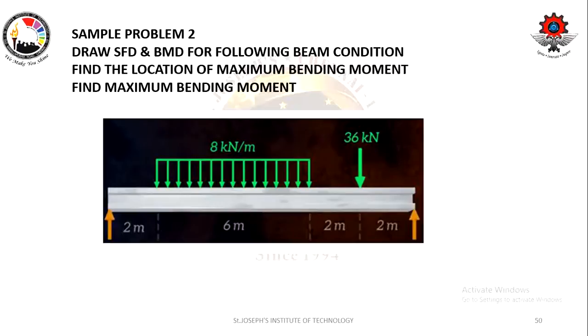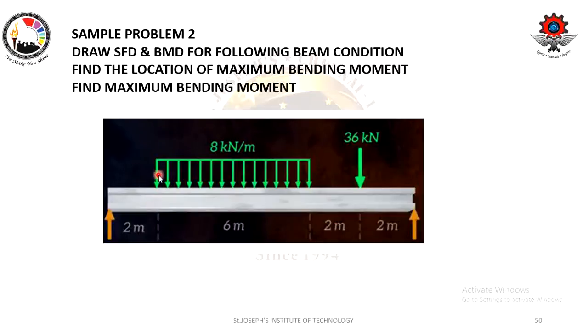So the beam given here is a simply supported beam, which has a total span of 12 meters.